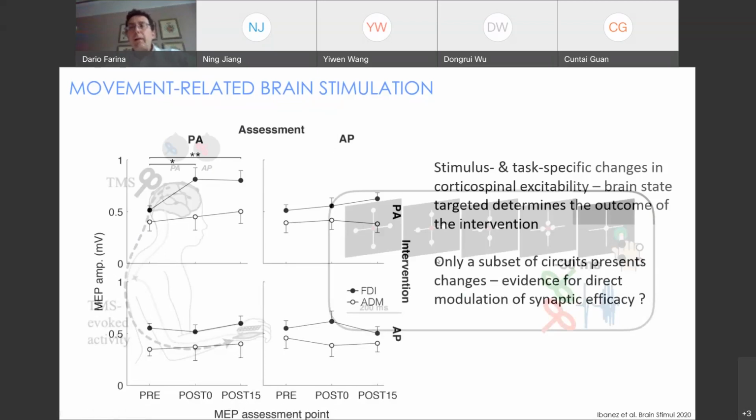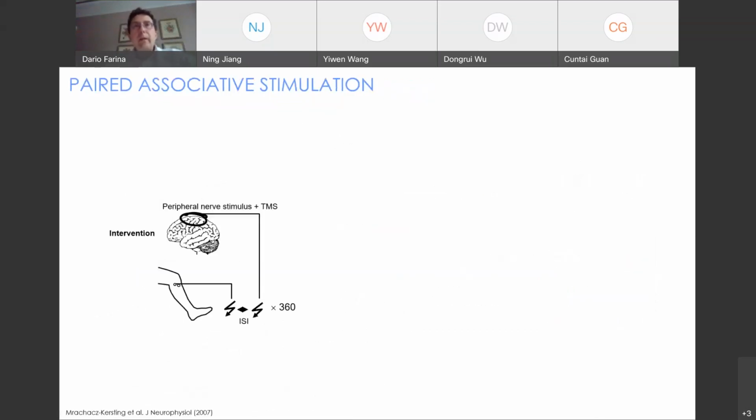Another classic paradigm that is often investigated in basic neurophysiological assessments is pair associative stimulation. This is another associative paradigm which is particularly relevant, as we will see when we discuss BCI research. Pair associative stimulation is based on a relatively simple concept.